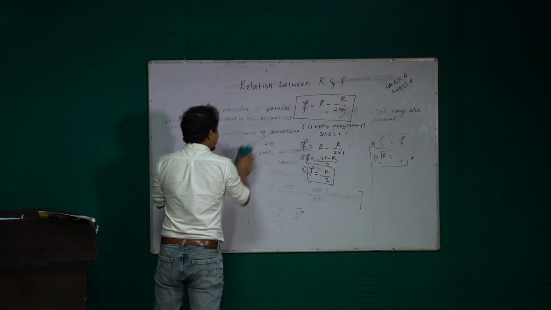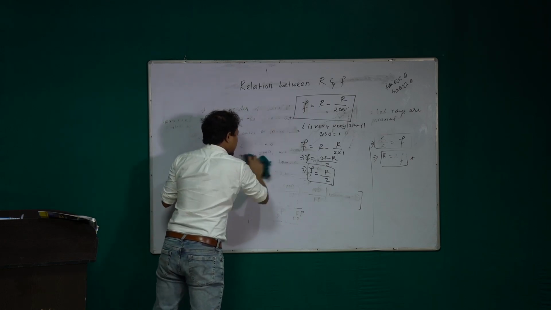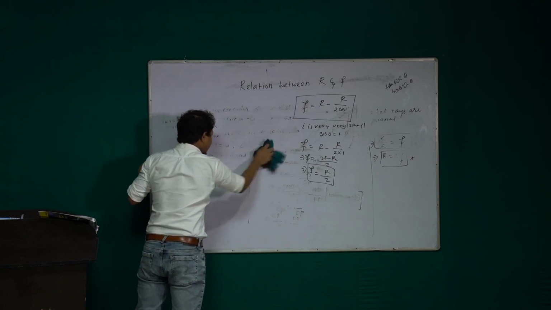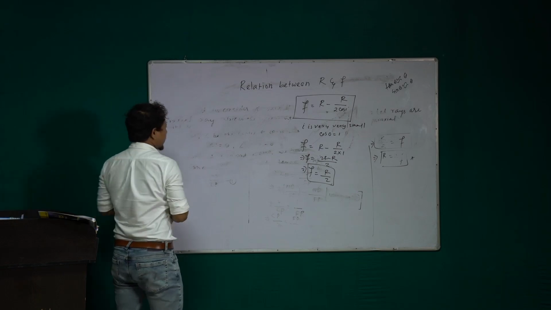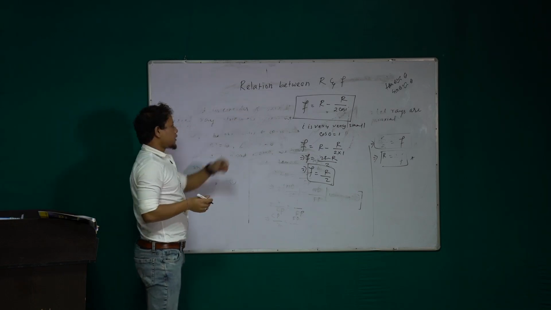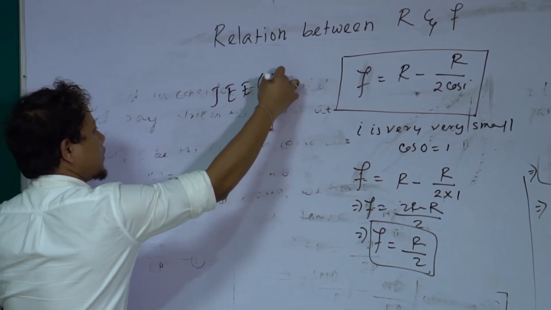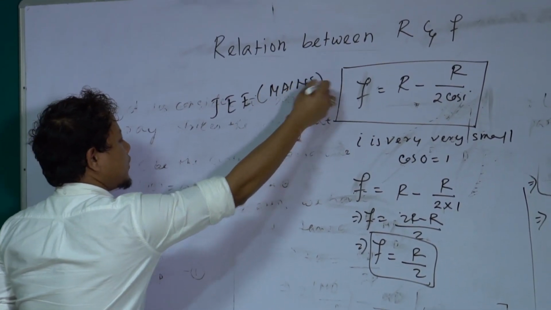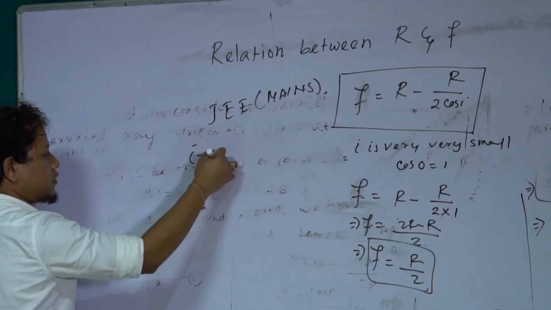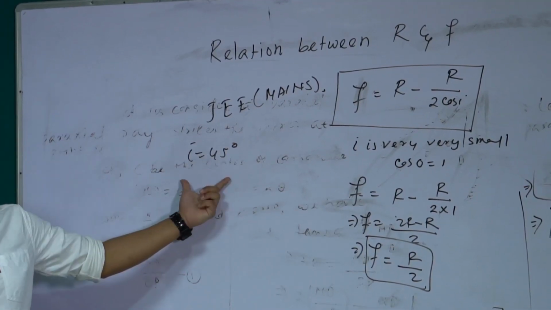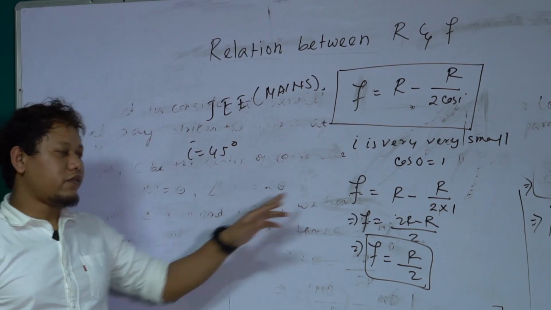So why am I telling you this? Because sometimes questions might ask this in the engineering entrance exam as well as in the medical. So I'll give you one example. One question has been asked in JEE, especially in Mains for NITs. The question was like this: they have given you the angle of incidence and you have to find the focal length.